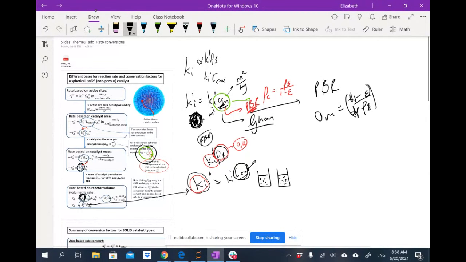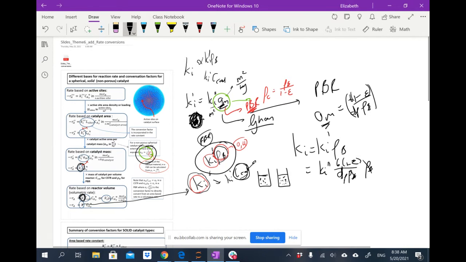If I substitute that into my volumetric rate constant equation that says for a packed bed reactor, Ki is equal to Ki dash multiplied by the bed density, and Ki dash is equal to Ki double dash times AM, which is now equal to 6, 1 minus epsilon divided by dP times rho bed, multiplied by rho bed. You will see that the bed density cancels out.